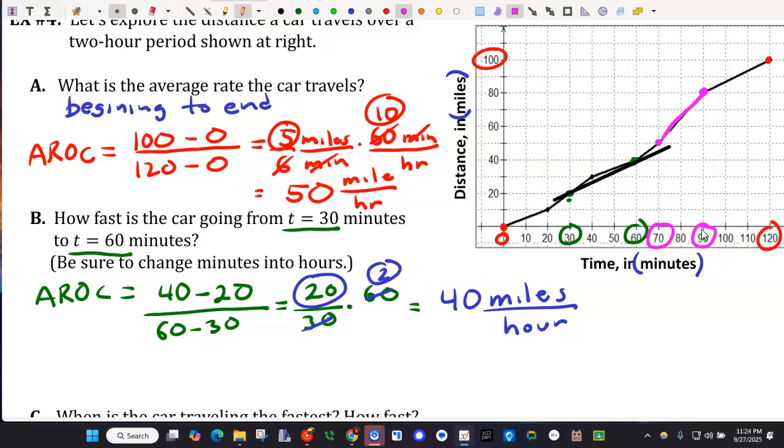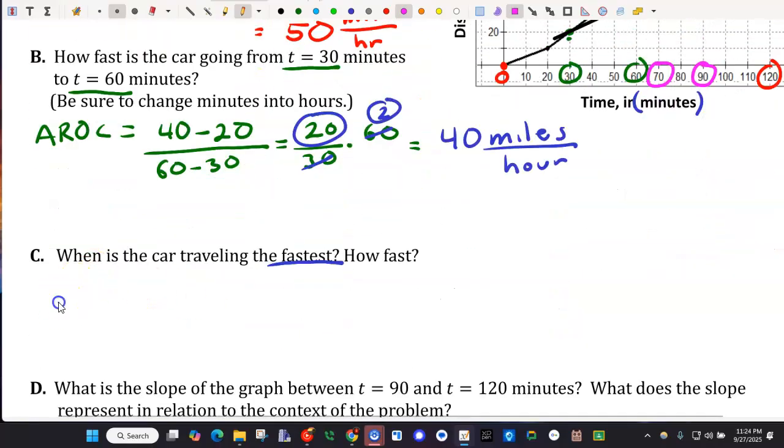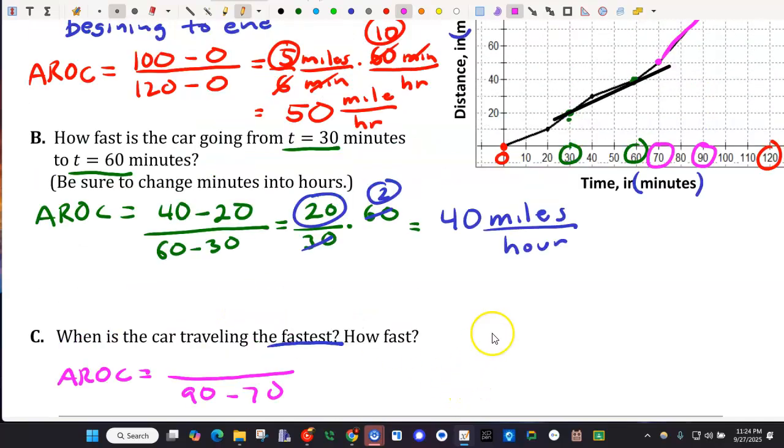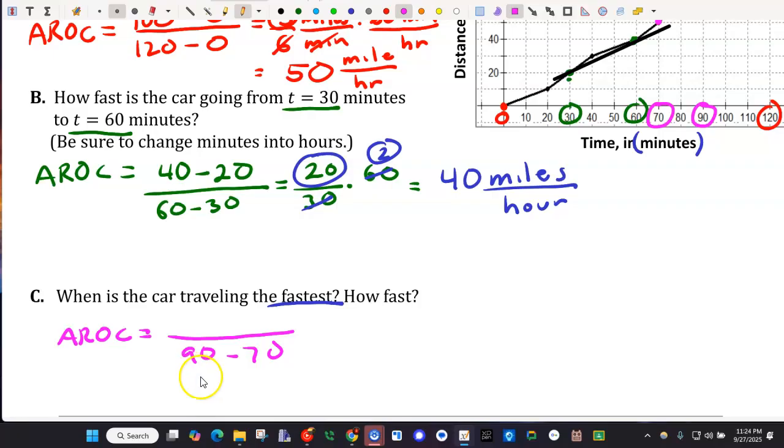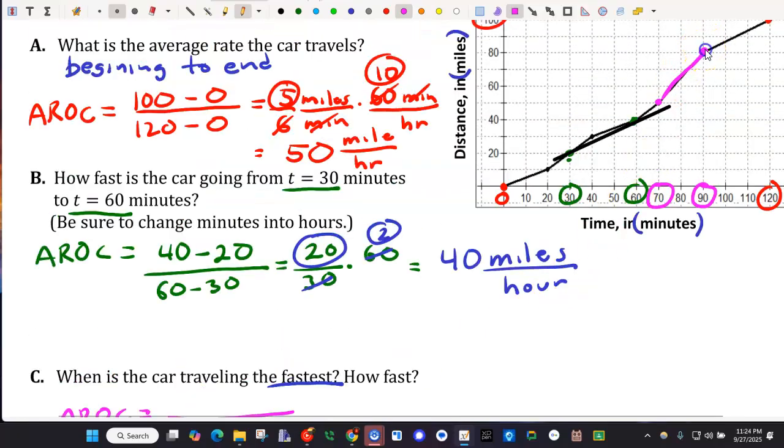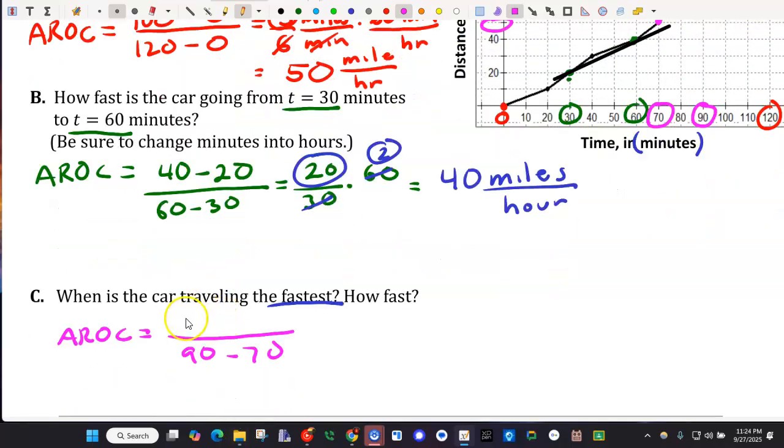How fast were we going that time? What was the average rate of change during that time? From 70 to 90 minutes, over that 20-minute period. We were going, let's see here, 80, and right here let's say that's 50. Okay, and simplify once again.